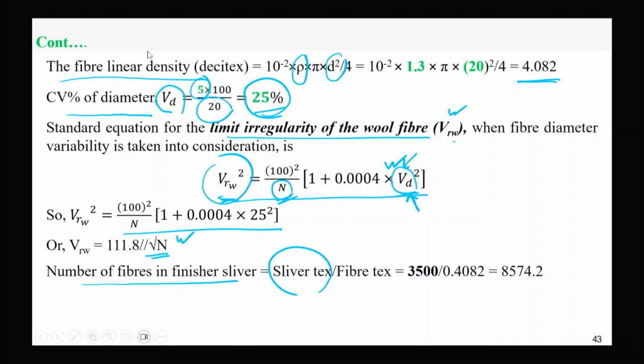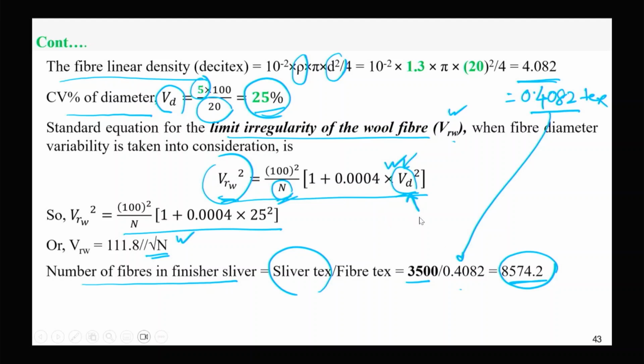We can calculate the number of fibers from the tex of the sliver and the fiber decitex, converting it to 0.4082 tex. So here the number of fibers is 8574. So approximately 8574 fibers are there in the sliver cross section.